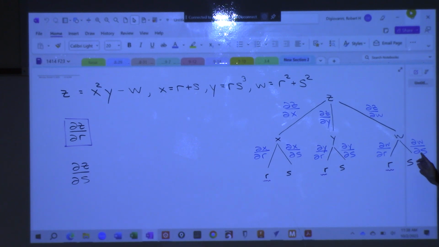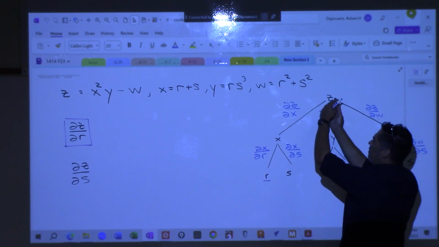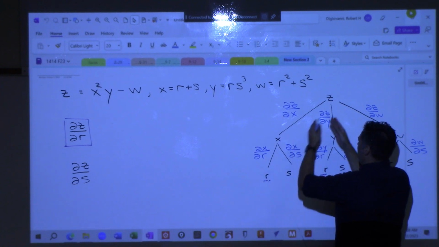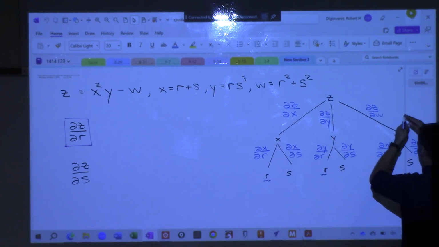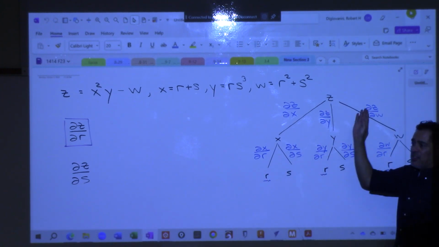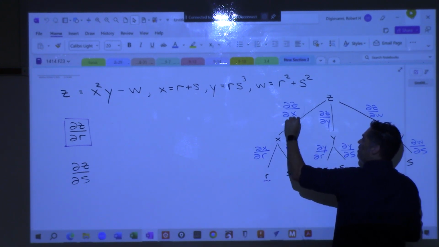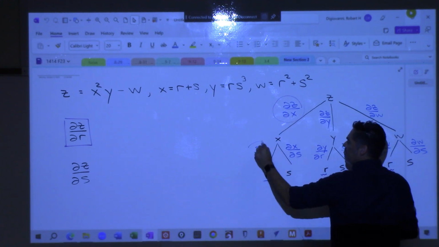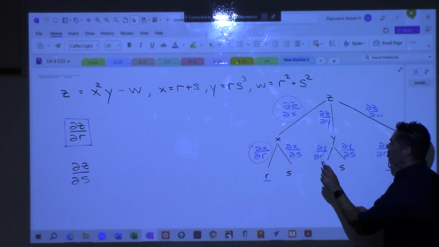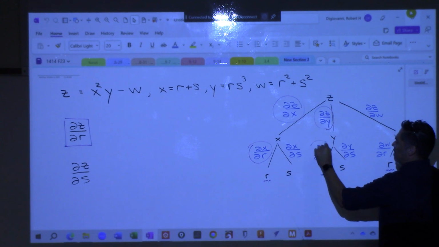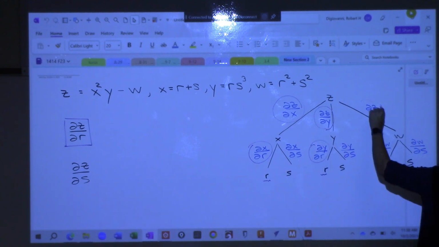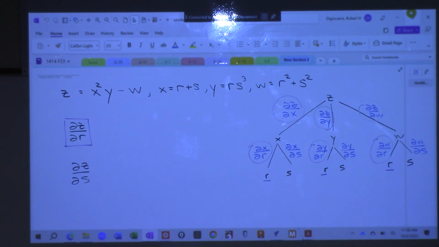So to figure this out, we don't have to go down all of these branches. We only have to go down the branches that lead us to R. So I'm going to take this, times this, add to it this times this, add to it this times that.